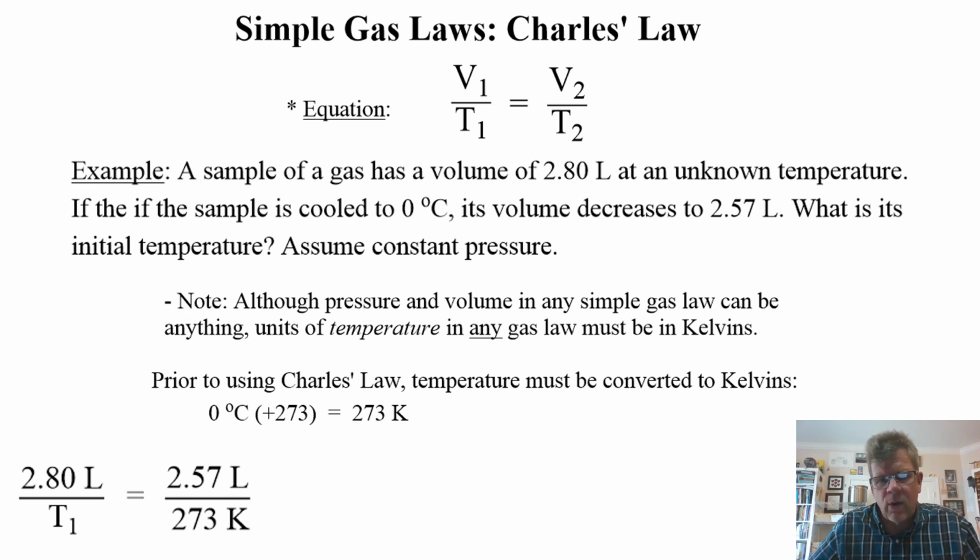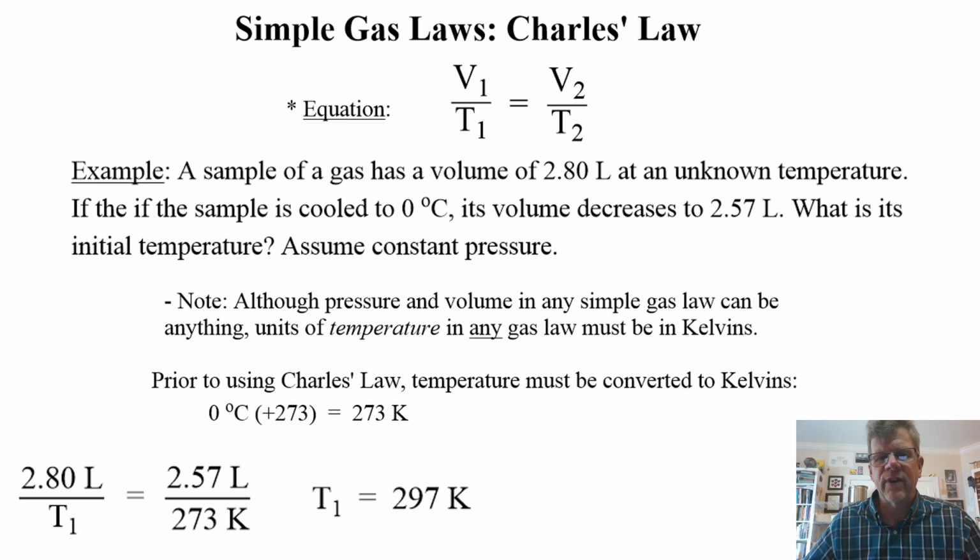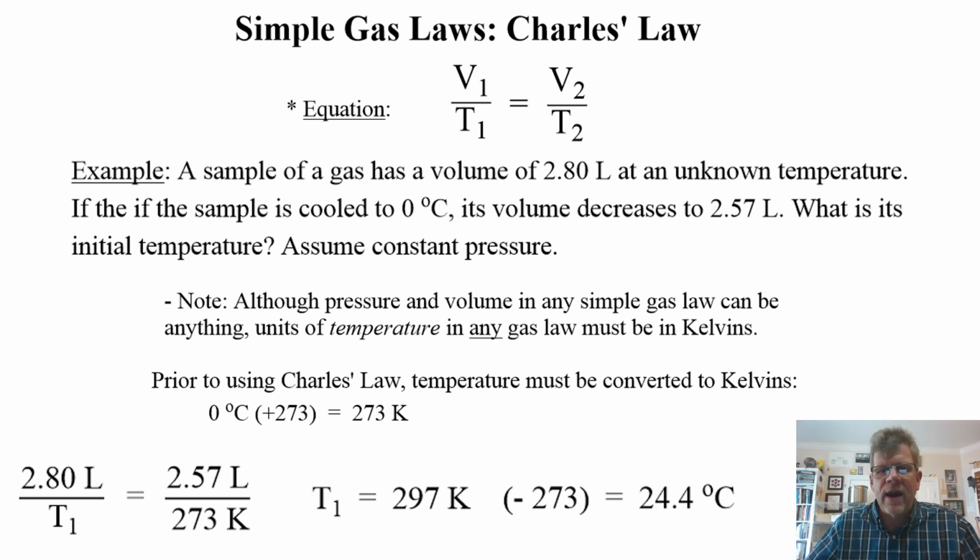We take out our calculator and off we go. And we find that T1 is, in kelvins, 297 K. That is T1. If the question should say, what is its initial temperature in degrees Celsius? Well, then you'd have to back calculate that, subtracting 273, and it comes out to 24.4 degrees Celsius.